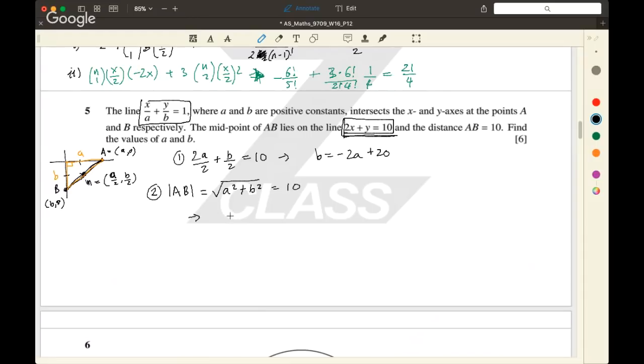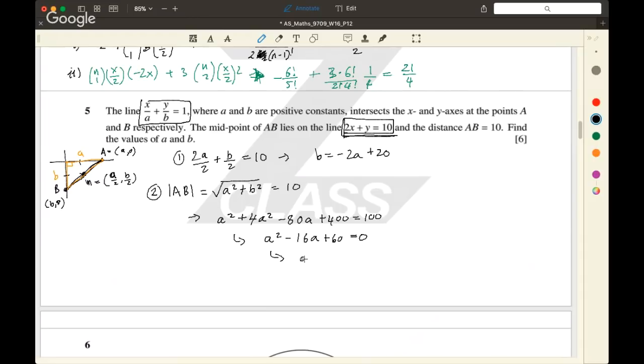So if I plug in for b with this b that I found there, I get a squared plus 4a squared minus 80a plus 400 is equal to 100, because I'm squaring both sides of this here. And if I juggle things around, I get that a squared minus 16a plus 60 is equal to 0.